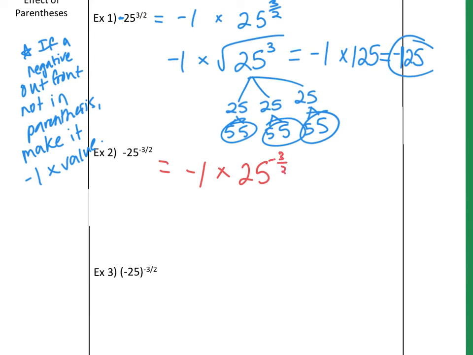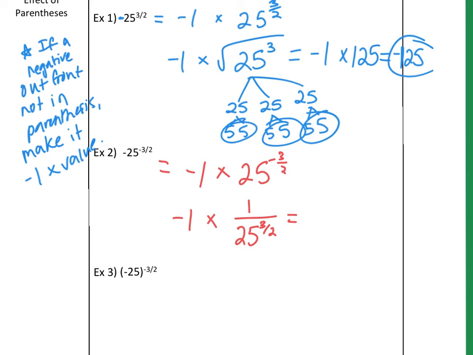What do I need to do about that? Can we have a negative exponent? No. I need to flip it, right? So this just needs to become -1 times 1 over 25 to the 3/2, right? You with me on that? Because we said no negatives up top. We're combining all these rules. Okay.